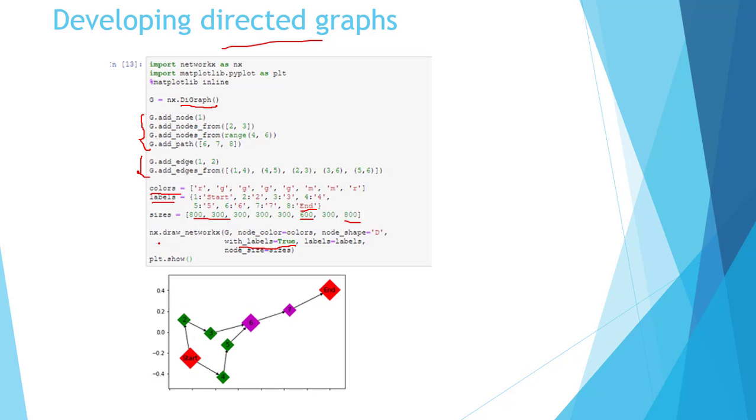After that, for drawing the directed graph, we have called nx.draw_networkx and given G as a parameter, and node_color is colors, node_shape equal to D, which stands for diamond, with_labels is set equal to true, labels is given as labels, and node_size equal to size. In this way we have created the graph, and plt.show is for showing our graph.